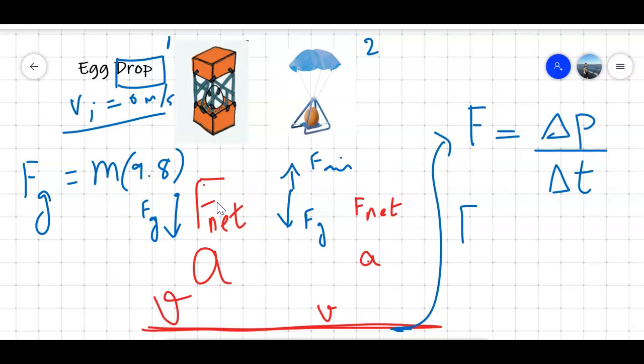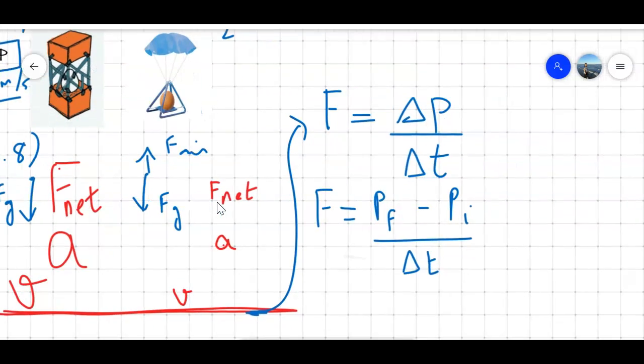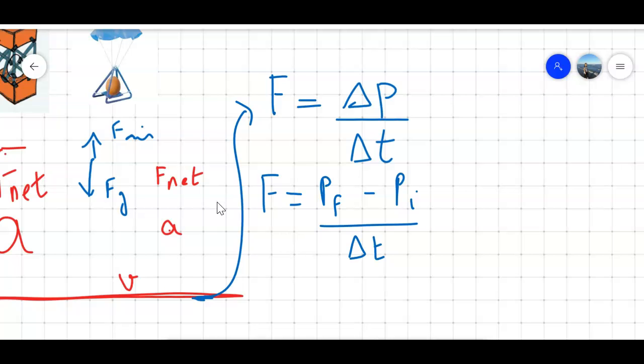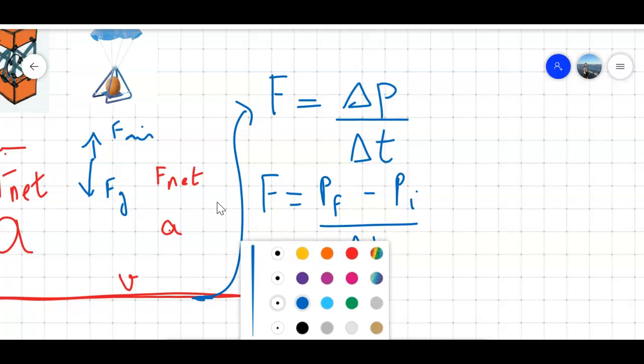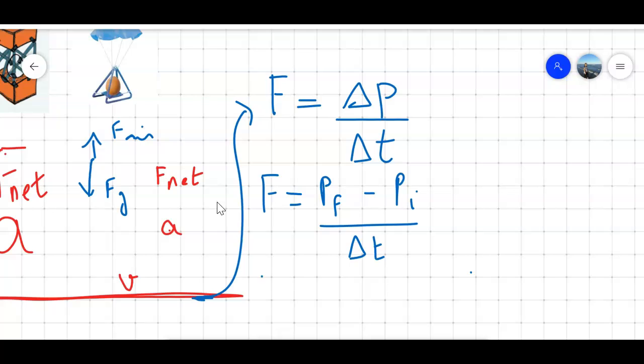otherwise also known as impulse. So force is impulse divided by time, and if I expand impulse, impulse is change in momentum, so it is going to be final momentum minus initial momentum. The symbol for momentum is P. Expanding this even further, momentum is mass times velocity.